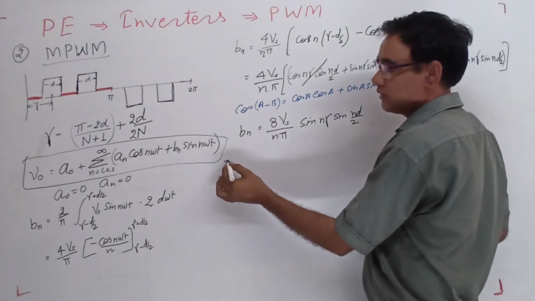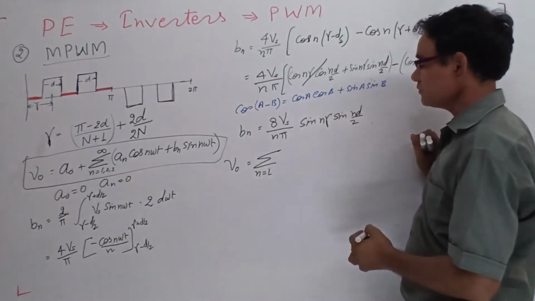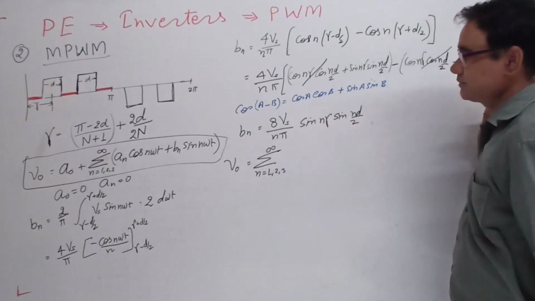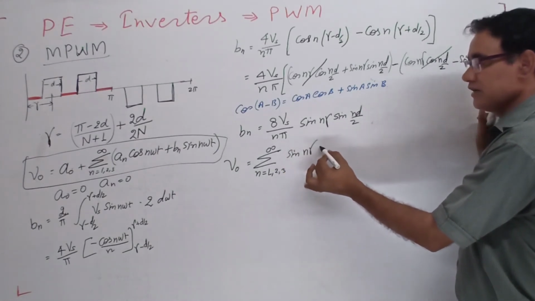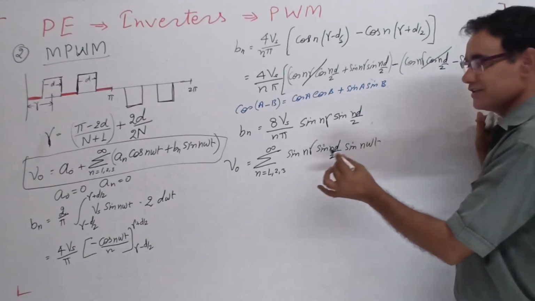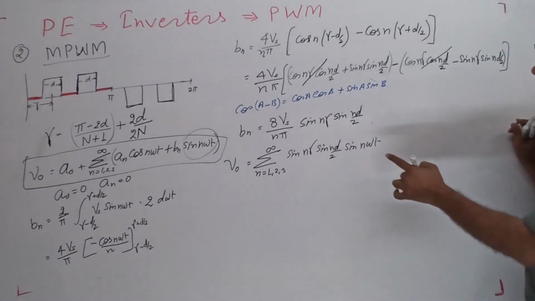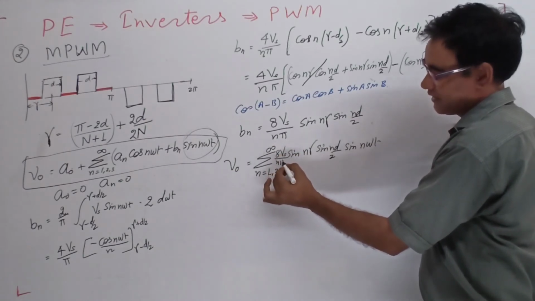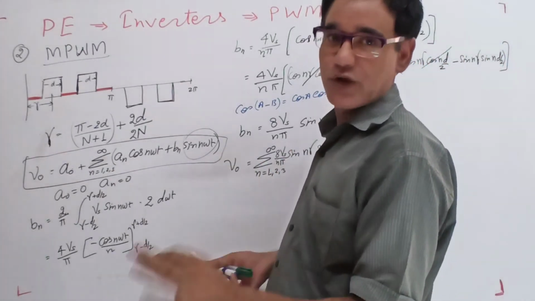Now put the value, so V naught is equal to the summation of n equal to 1, 2, 3 to infinity of 8 Vs upon n pi, sine of n gamma, sine of n d by 2, sine of n omega t. This is the output voltage equation.